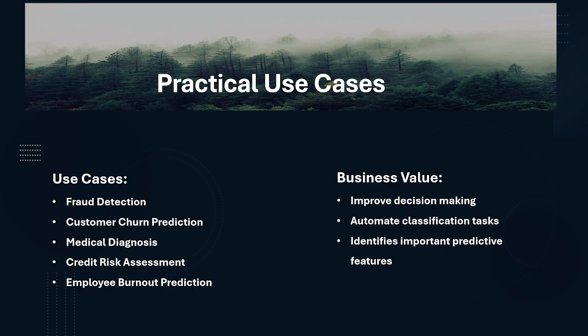Some of our use cases on the screen include fraud detection, customer churn prediction, medical diagnosis, credit risk assessment, and employee burnout prediction. Some of the areas where this provides business value are the ability to improve decision making, automate classification tasks, and identify important predictive features.